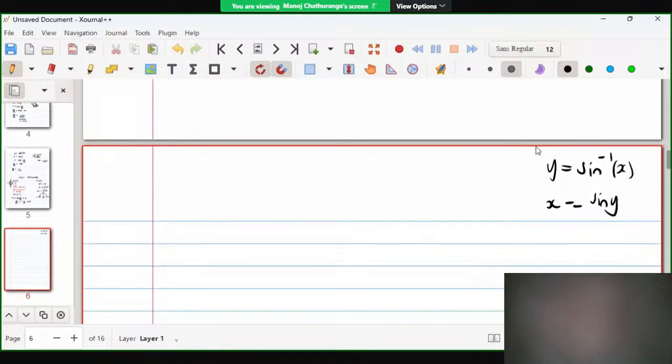That is another instance of implicit differentiation. Implicit differentiation really relies on the chain rule.